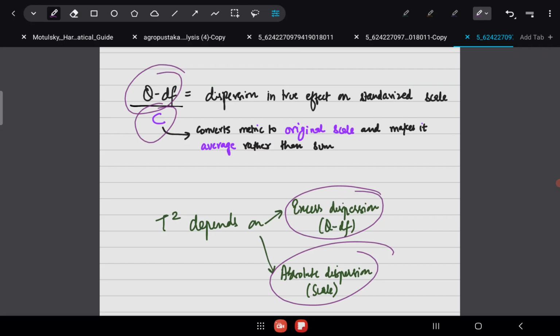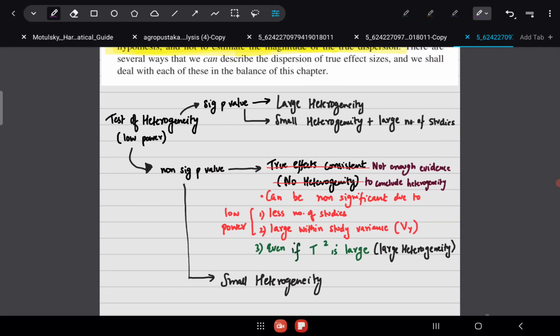And the opposite is also possible. If the p-value of the test of heterogeneity is coming as significant, it can mean that there is large heterogeneity, or it can mean that there is small heterogeneity with a large number of studies.